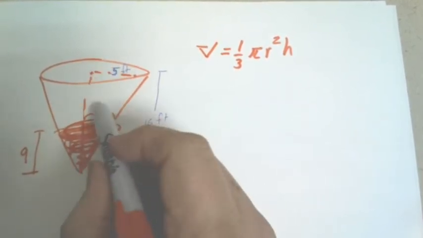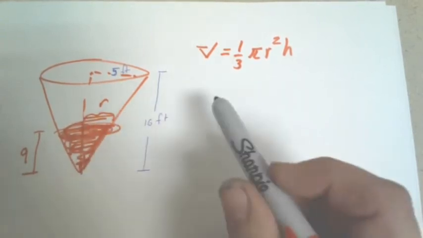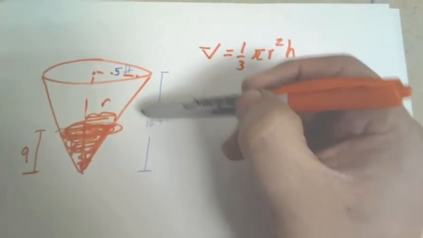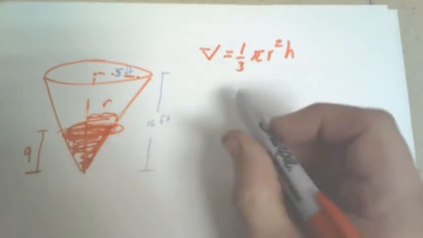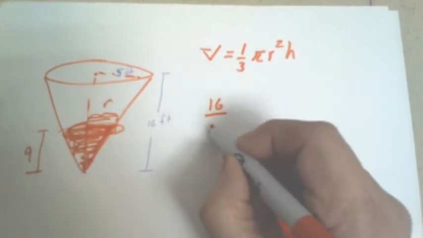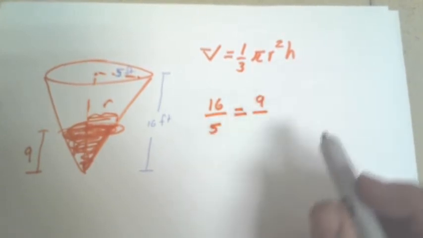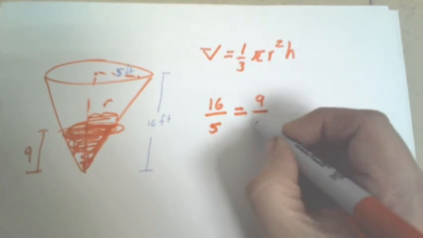They are similar. So the radius of that small cone we can find by setting up a linear relationship between this ratio and that ratio. That 16 feet is to 5 feet should be the same ratio as 9 to whatever the radius is.